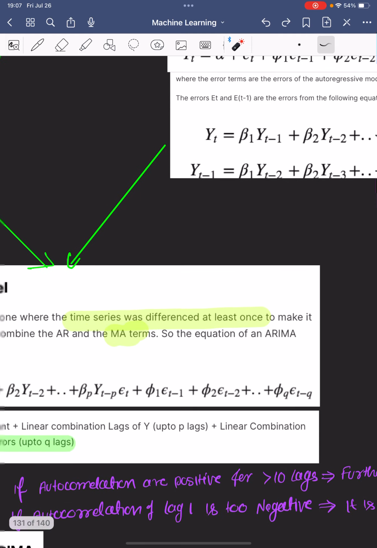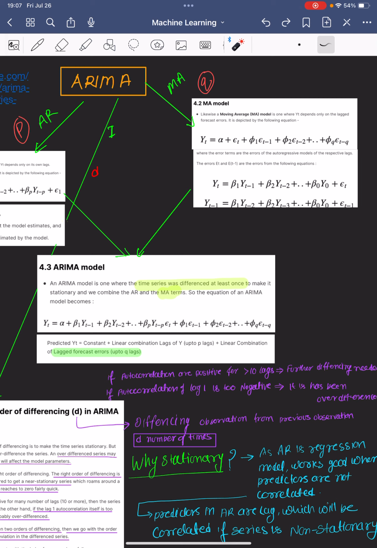Then we combine both the autoregression and the moving average and make a final model, which is also a linear model having a combination of the autoregression model and the moving average model, which is coming from this, right?